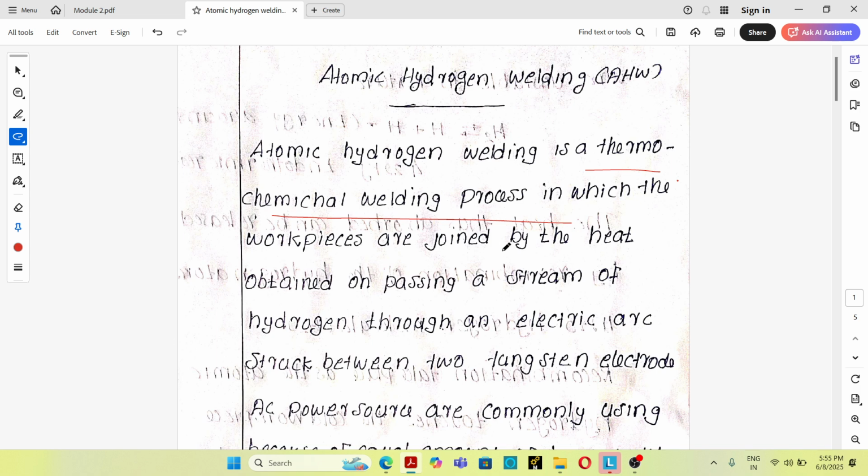And when these hydrogen ions contact the cold base metal to be joined, they recombine to form hydrogen molecules H2 by liberating heat energy. That is an exothermic reaction. That heat energy is used for melting the base metal to be joined, and the additional metal, known as filler material, is added separately using filler rods. So this is the principle of the atomic hydrogen welding process.